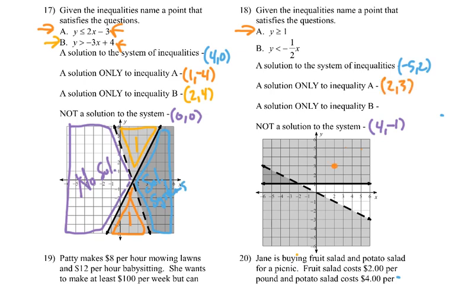Then for inequality B, it would be from this zone and down, any one of those. So we'll go 0, -4. And so when we're dealing with a system of inequalities, that's what we're looking for. We're looking where the shading overlaps.